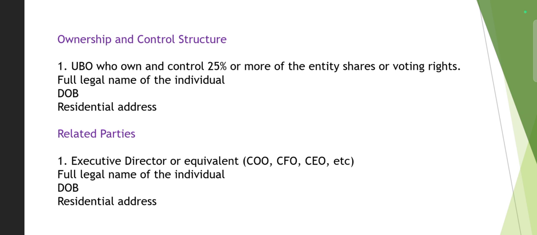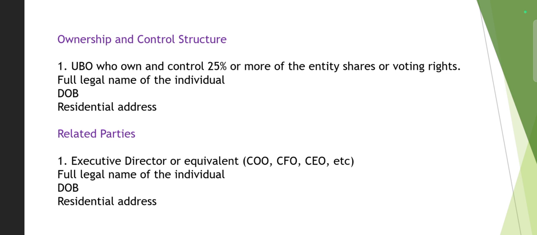We will collect the full legal name of that individual, date of birth and residential address. About the related parties, we will check executive directors or equivalent, CEO, CFO, COO, and we will capture the full legal name of that individual, date of birth and residential address.